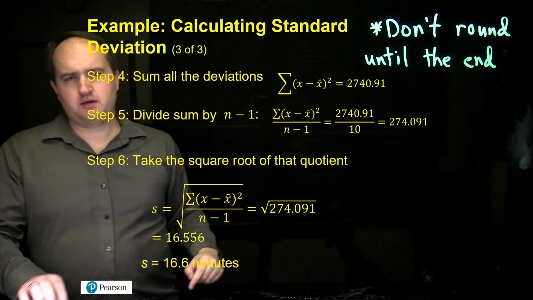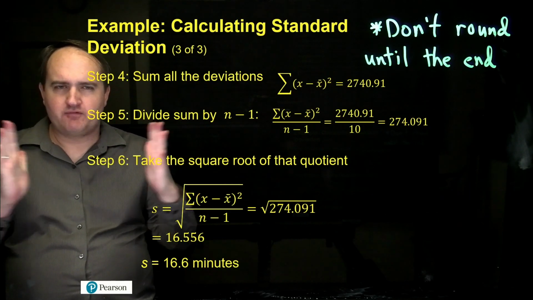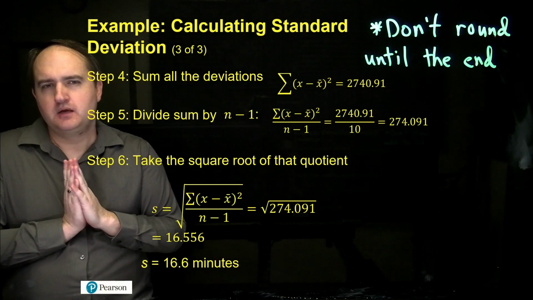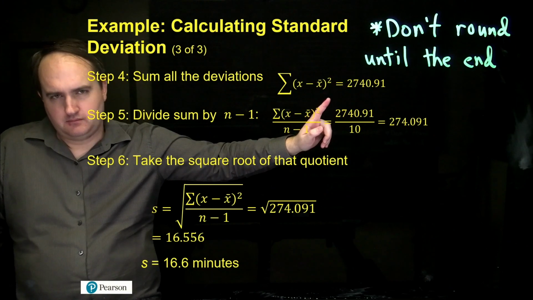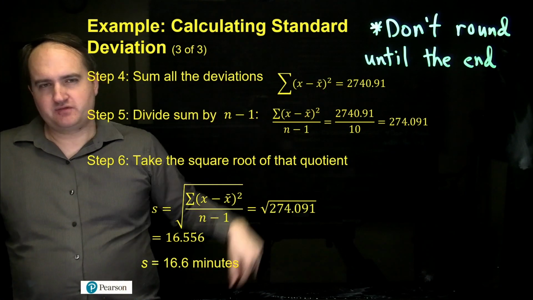It's almost like taking the average of all of those deviations. The only difference is that you're actually squaring. So it's really the average of the squares of all the deviations.